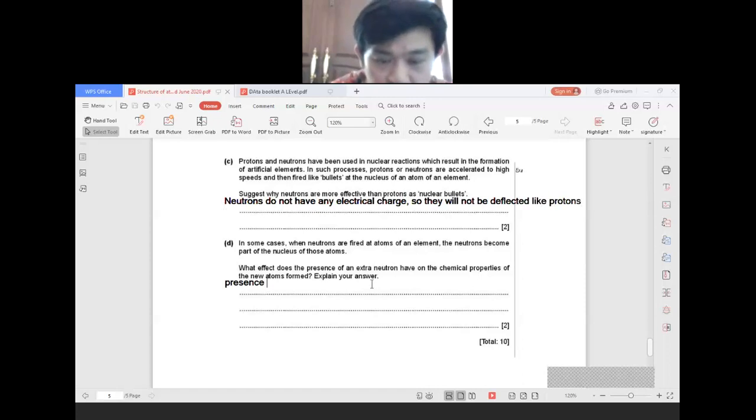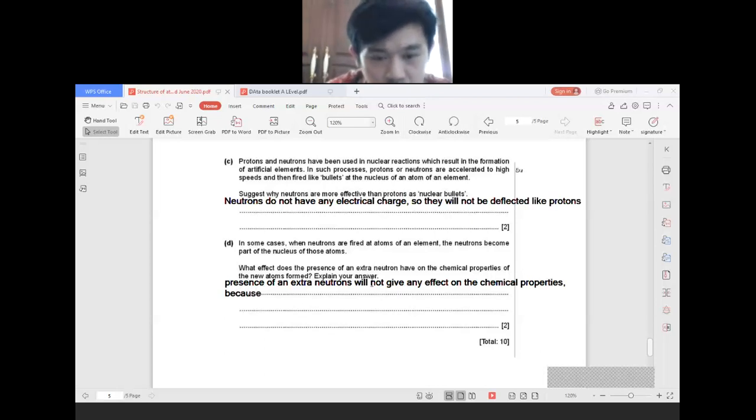Presence of an extra neutron will not give any effect on the chemical properties because neutrons do not carry any electrical charge.